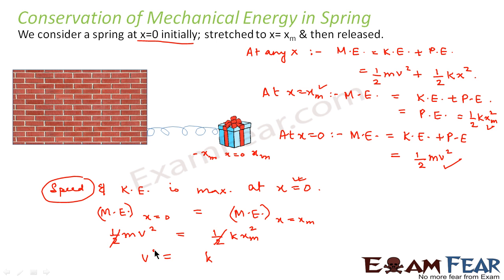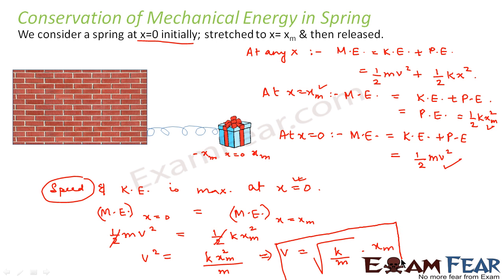Therefore, we can say v square is equal to kxm square divided by m, or we can say v is equal to root over k by m into xm. So this is the maximum value of velocity, and the velocity will have its maximum value at x is equal to 0.